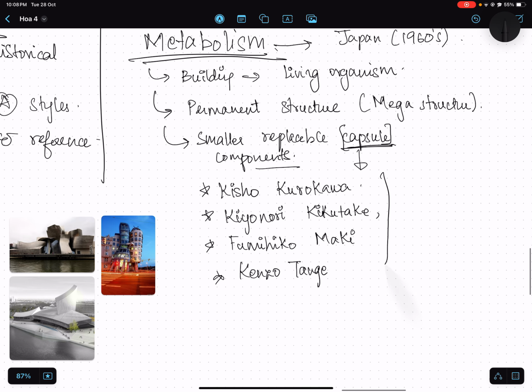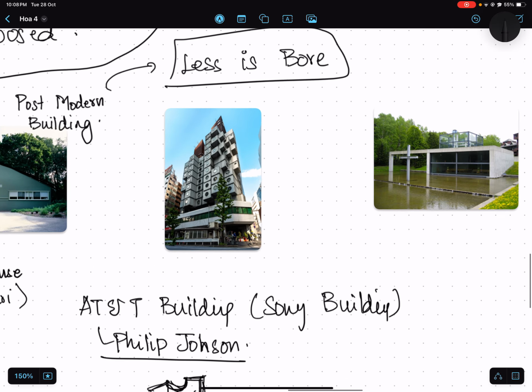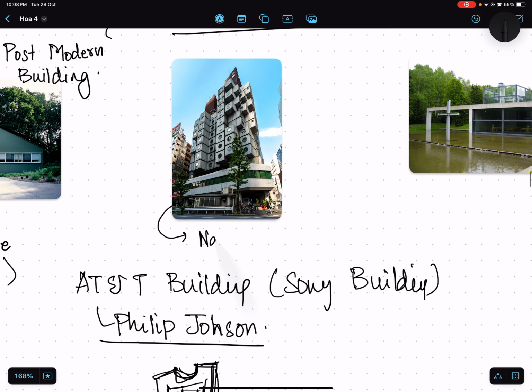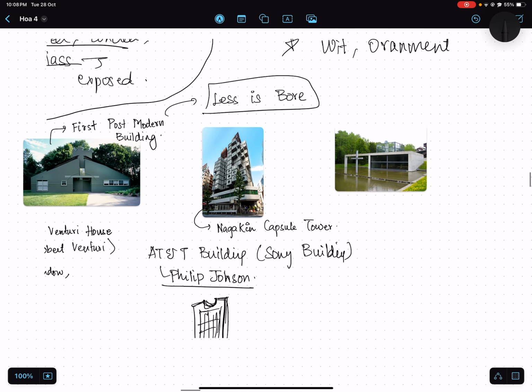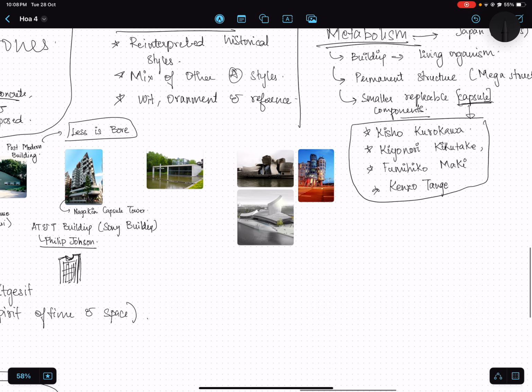So all these architects were the advocates for metabolism. And one structure that I want to show, for example, is the Nakagin Capsule Tower by Kisho Kurokawa.